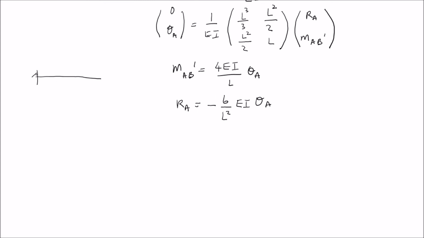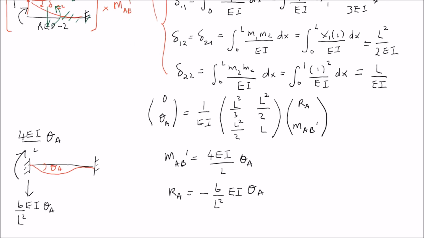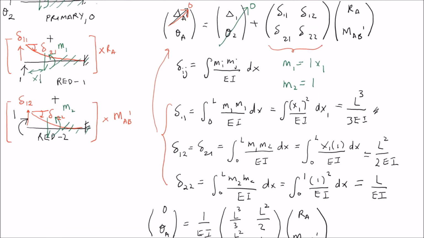So this is particularly using only equilibrium. If under the applied rotation, you will actually get MAB, which is 4EI over L theta A, and then you get reaction 6 over L squared EI theta A. It's negative, so it's going down because our assumption is the displacement is going up.